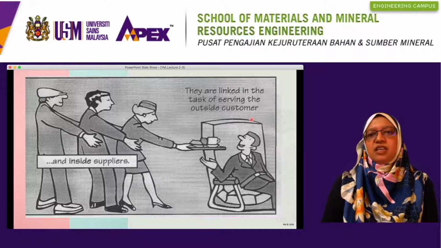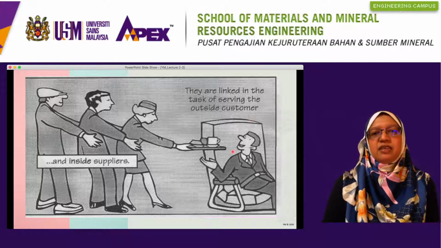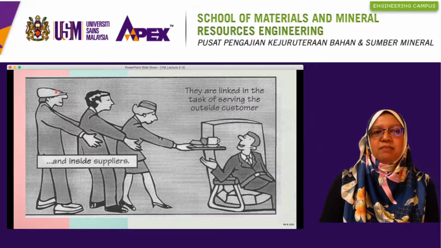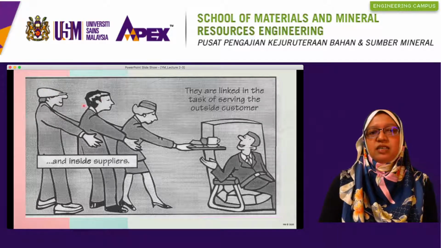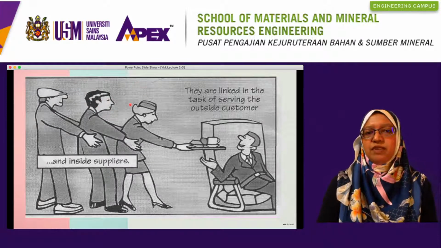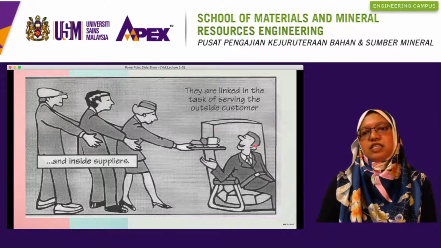There are links in the task of serving the outside customer. The link starts from the supplier, the caterer here. The caterer supplies the bread rolls to the guy who received the bread rolls here, and this guy supplies the bread rolls to the stewardess, and the stewardess then serves the outside customer.